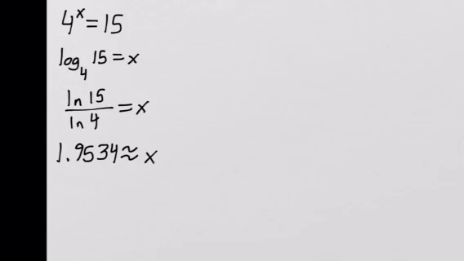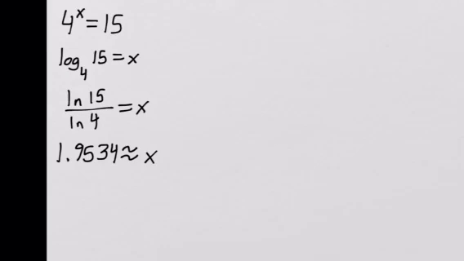We use that squiggly equal sign to indicate that it's approximately equal, mainly because we don't have enough decimal places to give an exact answer. The only exact answer we could give is log base 4 of 15, or some log of 15 divided by the same log of 4. And this is true even if the things are a little bit more complicated. But there is another key way of doing this the textbook does illustrate.